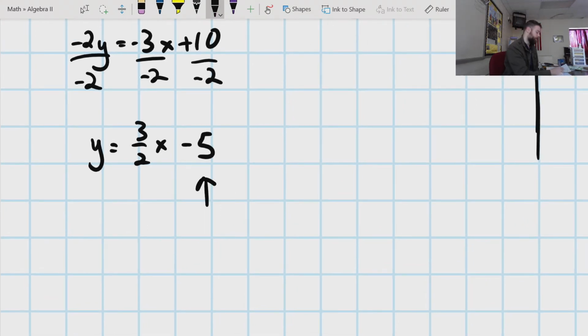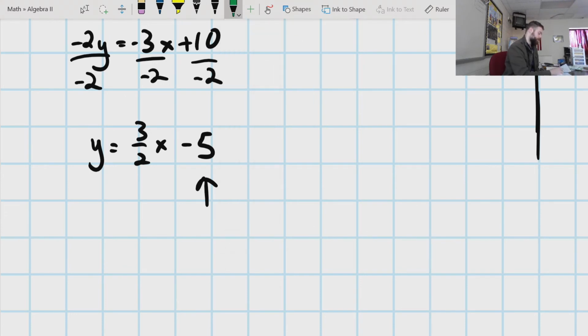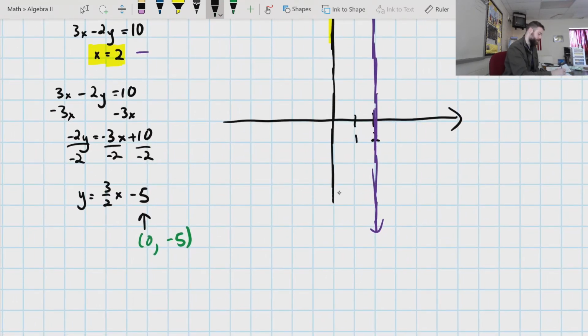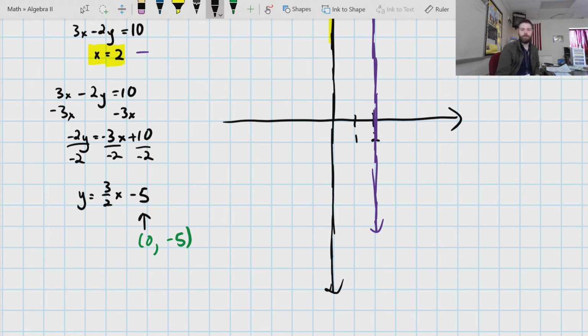So I have a y-intercept here. I'm going to do this one in, I don't know, blue. Or green. Yeah, I'll do it in green. This negative 5 tells me that my y-intercept is 0, negative 5. So I can go over here. Oh no, it's broke.